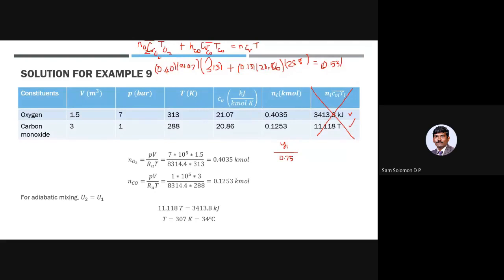For carbon monoxide it should be 0.25: 0.13 divided by 0.53, so this is 0.25. Obviously, it should be 0.25. Okay, so yi CV bar: 0.75 into 21.07, so that gives you 15.8.